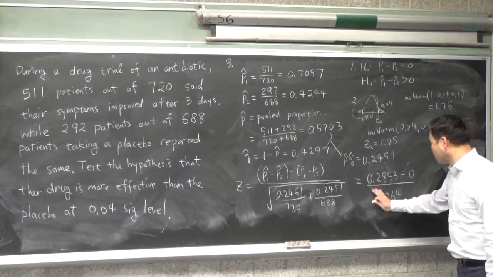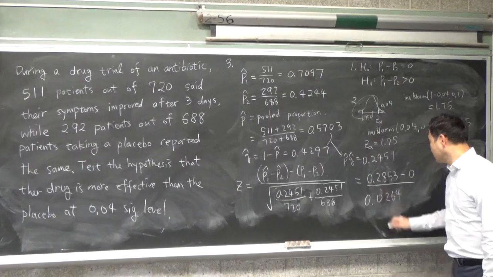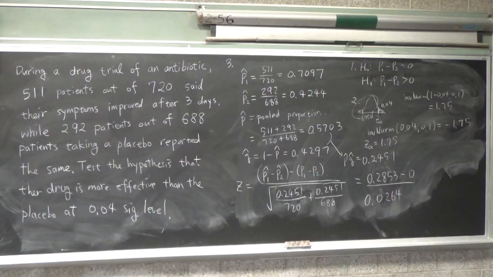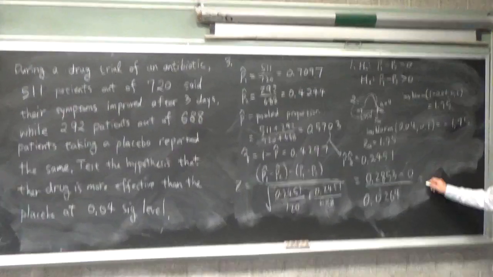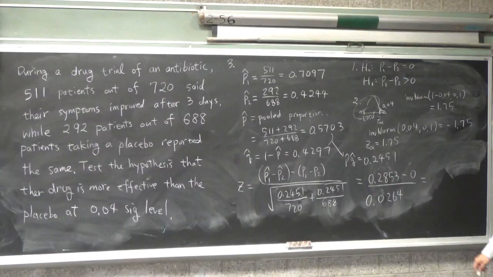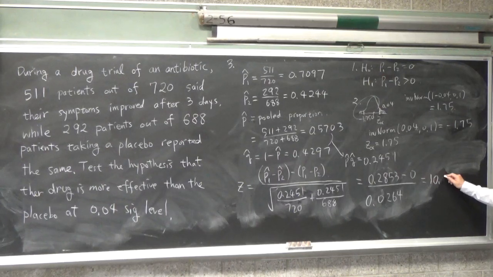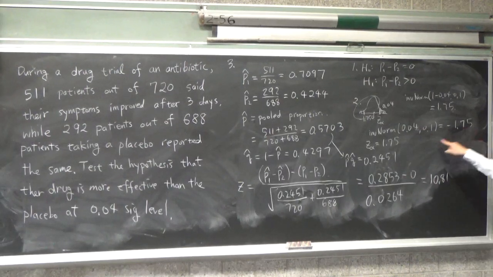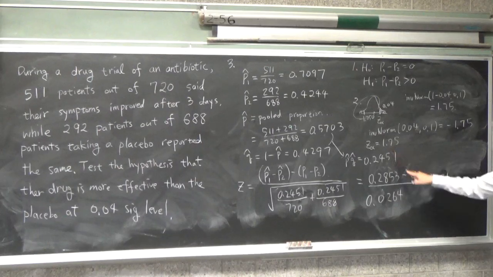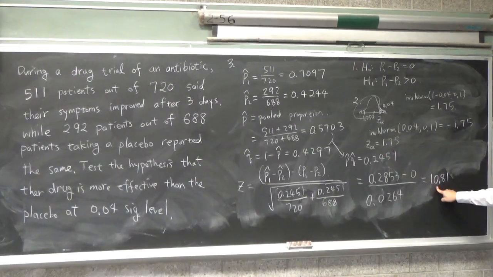Oh, that's a big number, right? That's 10.81. 10 point something, right? So that's way, way on the right side. That's much bigger than 1.75. So this is indeed in the rejection region.